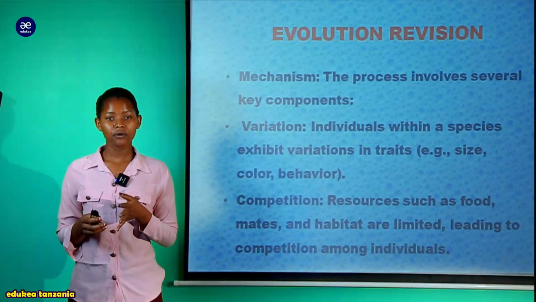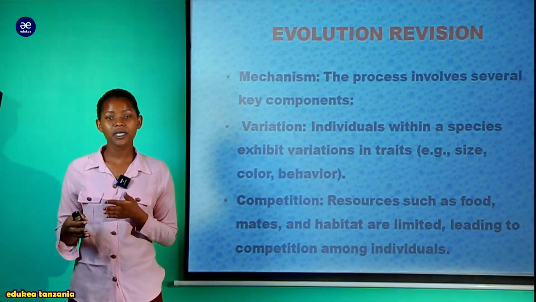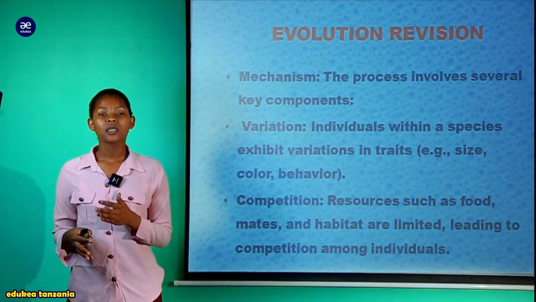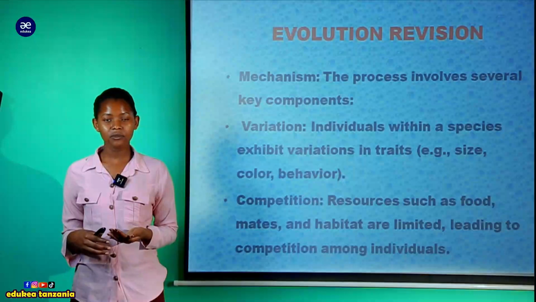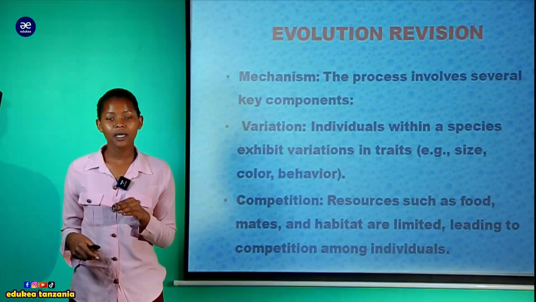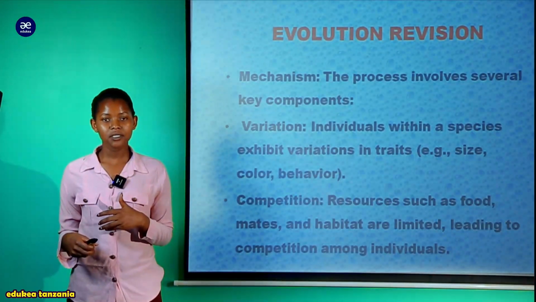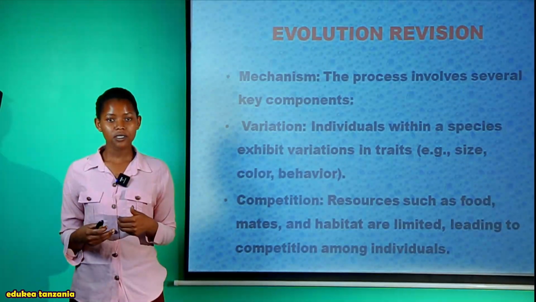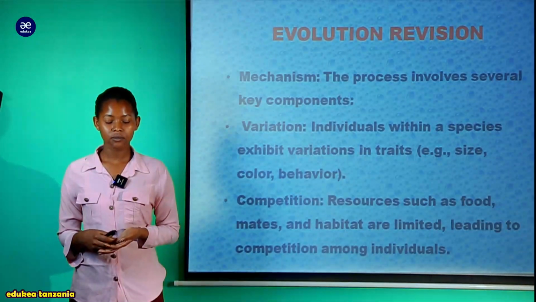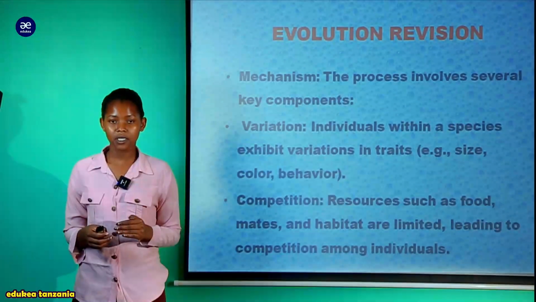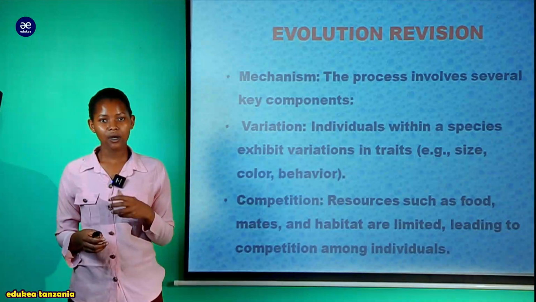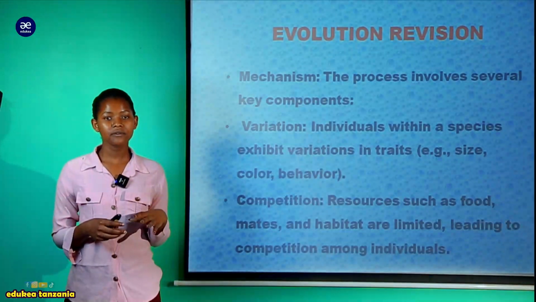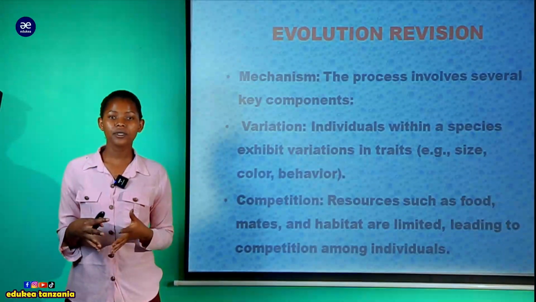Those individuals who are capable of competing for the scarce resources will be capable of surviving in the environment, but those who are unable to compete will perish because they will lack essential resources for their survival. By saying this, my dear students, we can see how natural selection can be explained well, as well as how survival of the fittest can be explained according to Darwin.